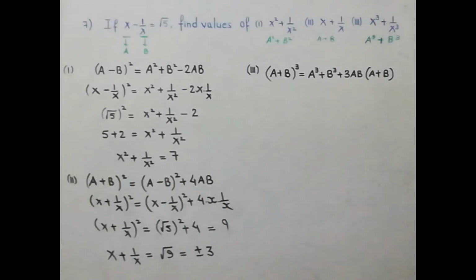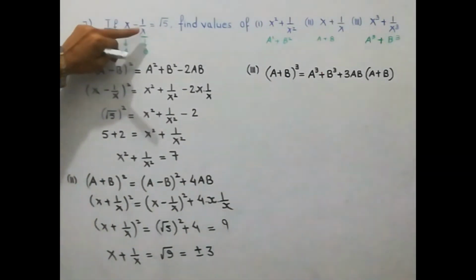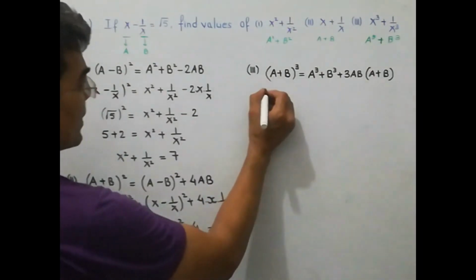Now in this formula we know that a is to be replaced by x and b is to be replaced by 1 upon x. This a is x, b is 1 upon x. So let's replace it.